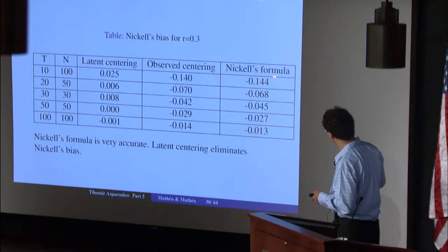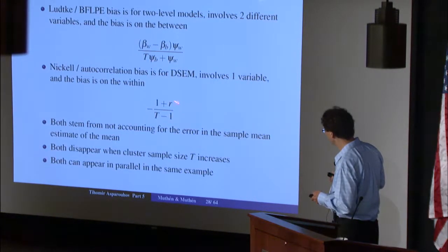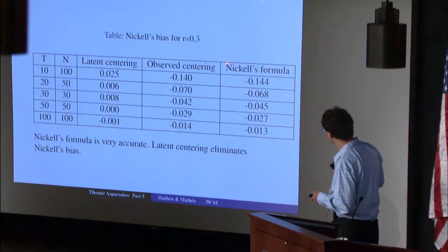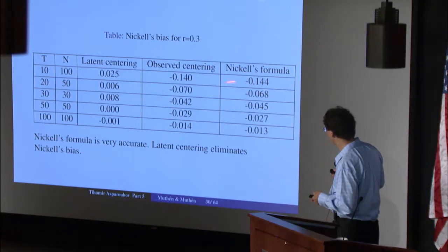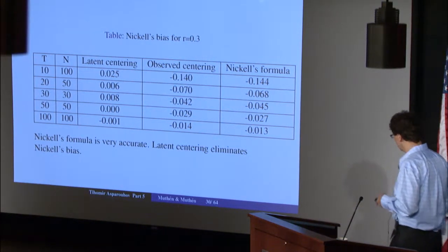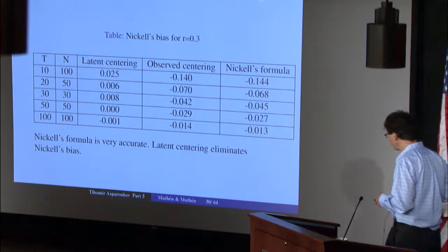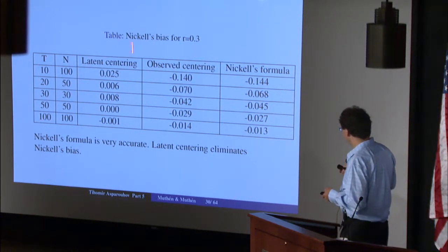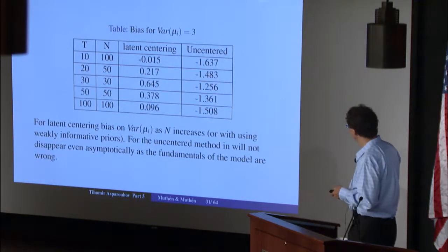And here's Nickel's formula that I showed you. It appears that Nickel's formula predicts that bias quite well, really closely. So this simulation illustrates that latent centering eliminates that bias.